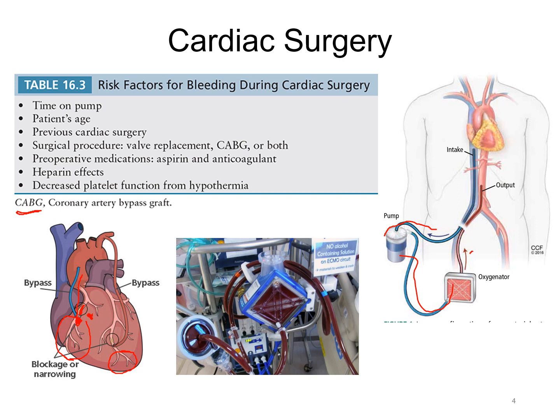It all has to do with the time on the pump, the patient's age, as well as the patient's overall health, whether or not there are previous cardiac surgeries, the particular procedure, if there's a valve replacement, just the CABG, both, any kind of medications the patient may have been on before the surgery, because again, we know that aspirin and anticoagulants can have a factor in the patient's bleeding. The effects of the heparin, as well as decreased platelet function from hypothermia.